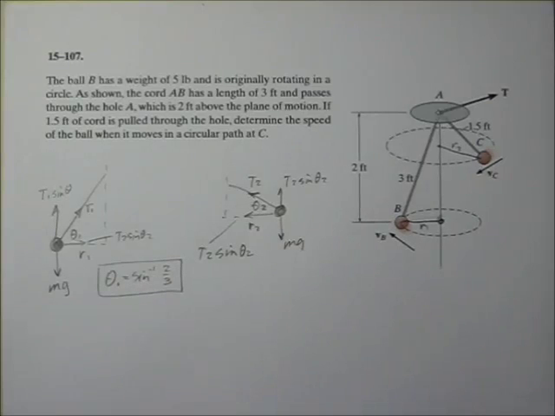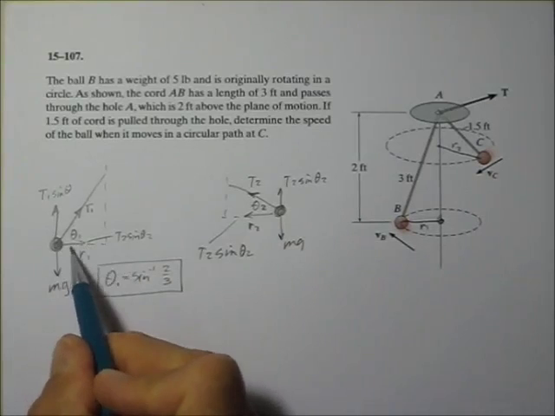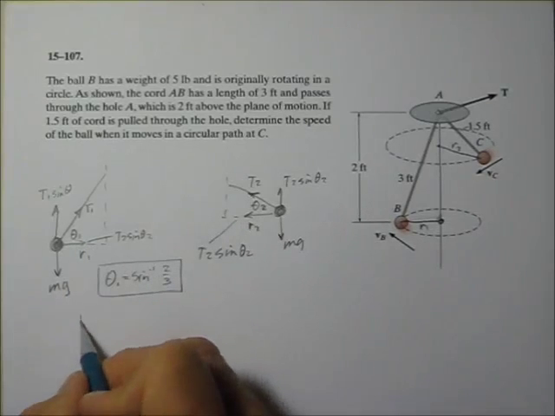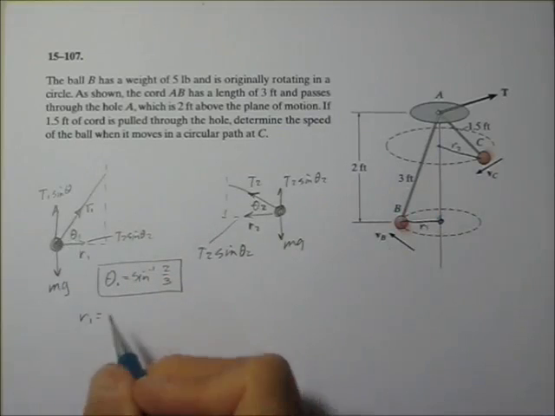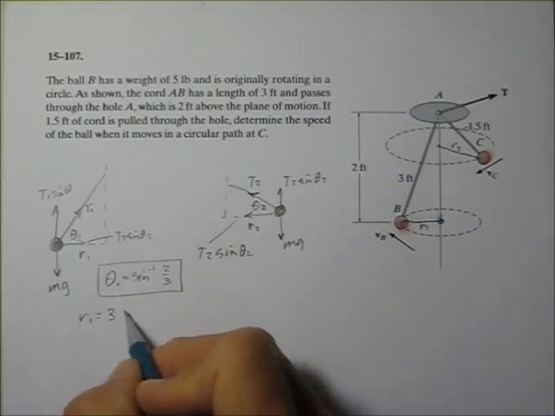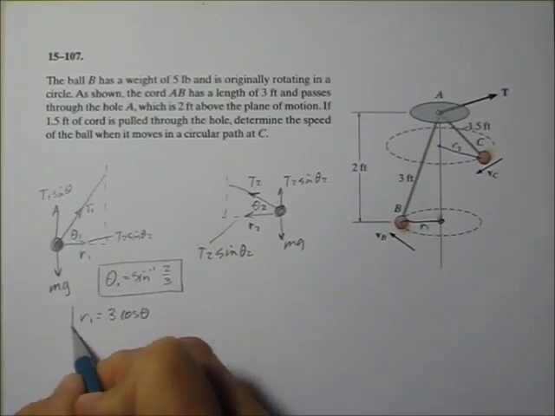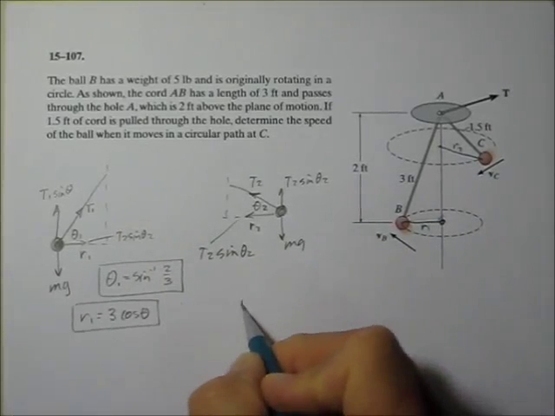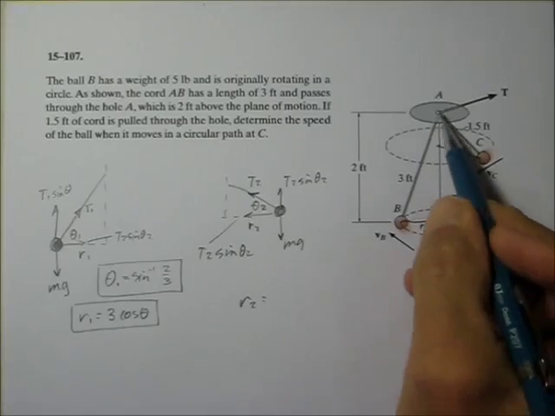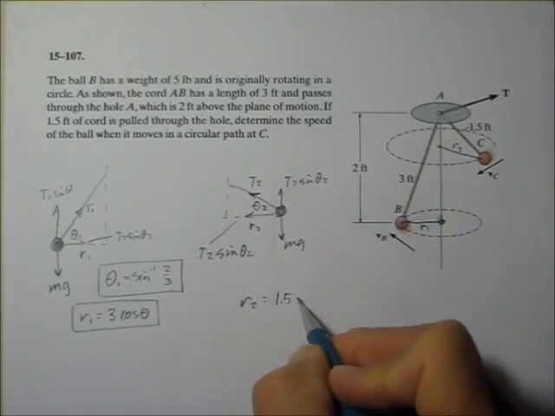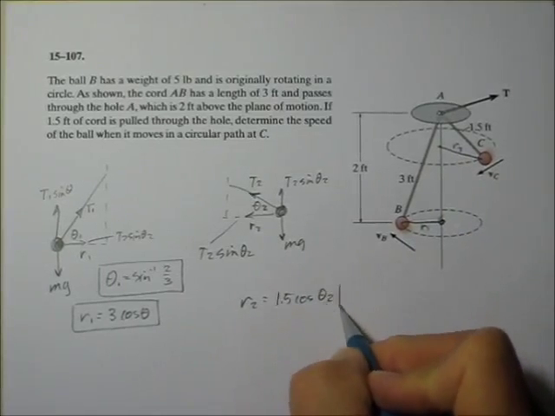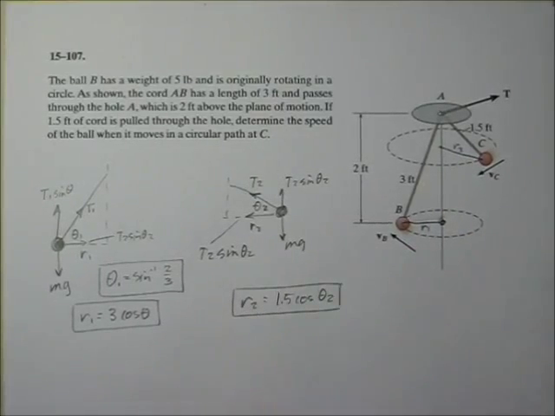Then also from the geometry, if we're looking for the 2 radii, R1 is equal to, in this case we have a 3-foot-long string, so 3 cosine of theta 1. And over here, R2 is equal to, in this case a 1.5 length string, so 1.5 cosine of theta 2. Some of these things you're going to have to work through. All right, so those are the things we know from the geometry.